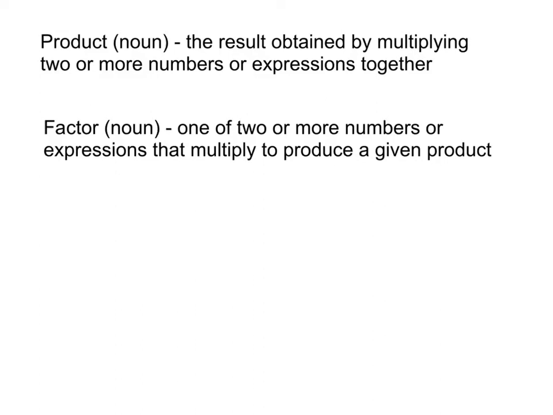So if I had a simple multiplication problem like 3 times 5, the answer is 15. But let's make sure we understand our vocabulary. So this number here, 15, the result, this is what we call our product. The answer, basically, to our multiplication problem.